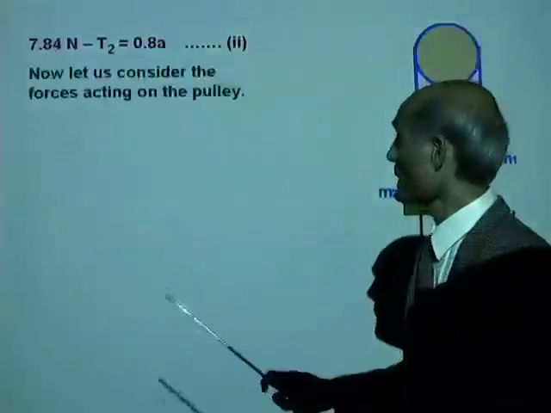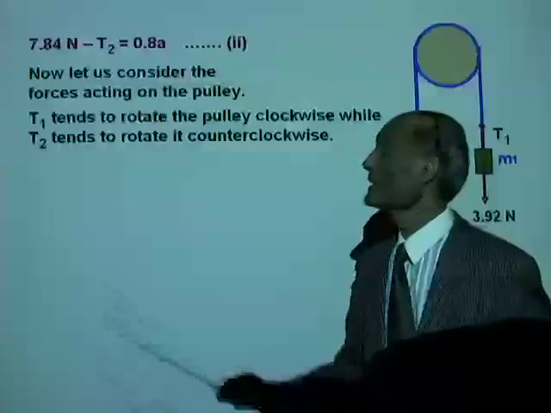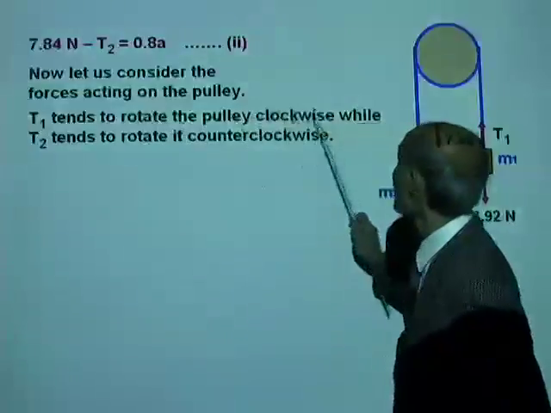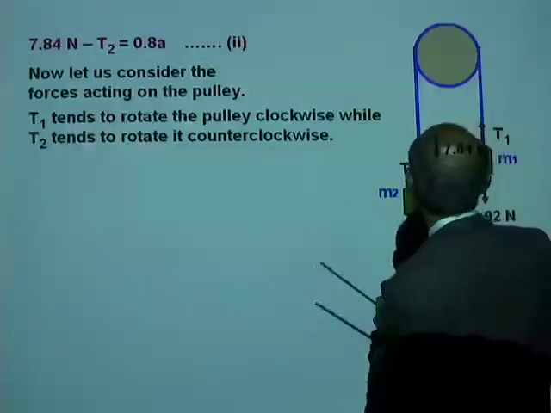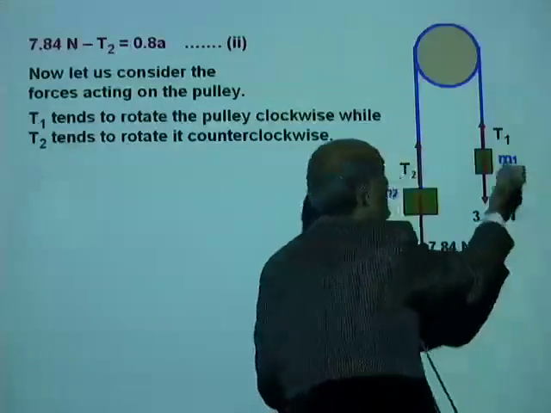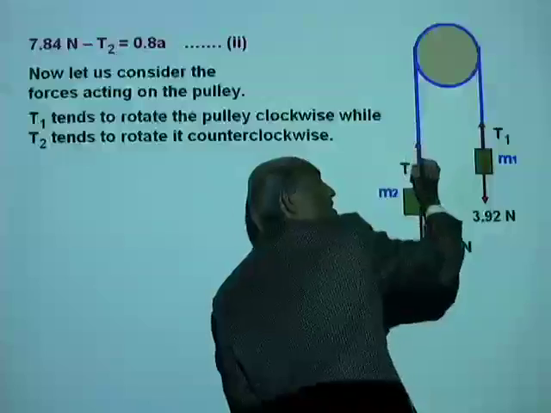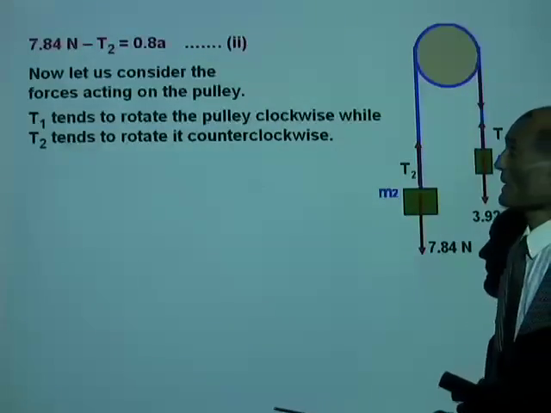Okay. Now, let's consider the forces acting on the pulley. T1 tends to rotate the pulley clockwise. Do you understand that? This T1 will be trying to rotate the pulley clockwise, whereas T2 will be rotating the pulley in the counterclockwise direction.